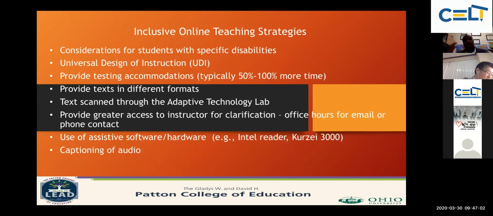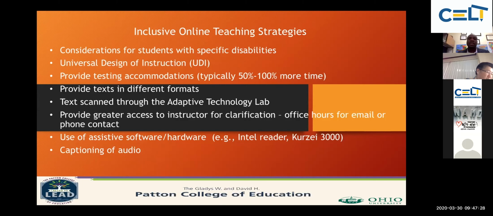In an inclusive classroom, you have to be considerate of students with specific disabilities. That means using universal design of instruction. For some students, you may have to provide more time to take a test. You may have to use some assistive software or hardware, like IntelliReader, for example.